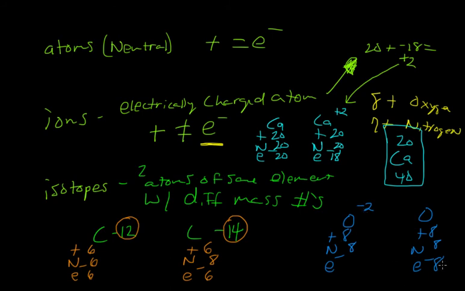If I start off with 8 in a normal oxygen and gain 2 electrons, now I'm going to have 10 electrons. Working this out mathematically, 8 protons plus negative 10 gives me a negative 2, which is exactly the same charge that we have on this oxygen.